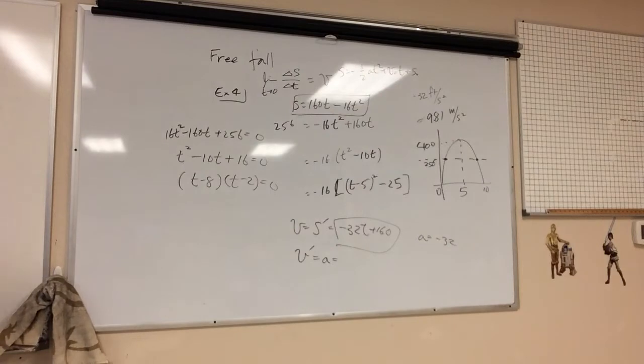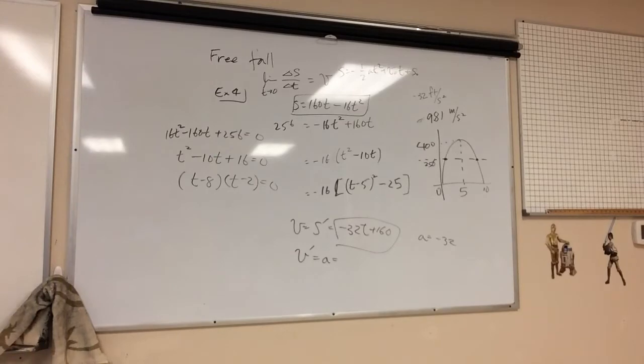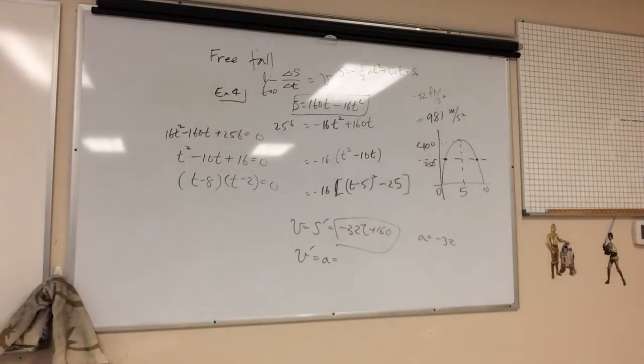Page 135, bottom. Derivatives in economics. Page 136. Remember doing this? We did economics last year. So this one, the marginal cost and marginal revenue.